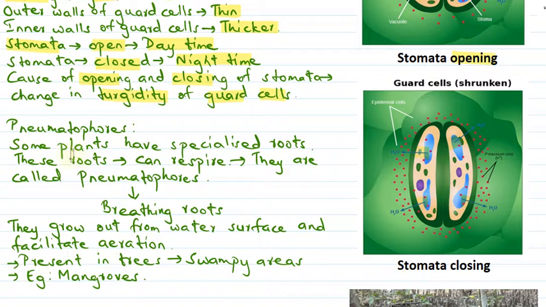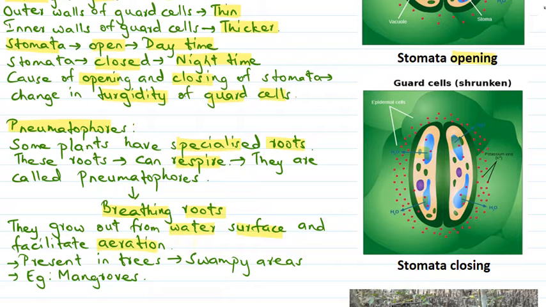Then we also discussed specialized roots called pneumatophores. These are specialized roots that can respire, and as they can respire, they are also called breathing roots. They grow from the surface of water and facilitate aeration.